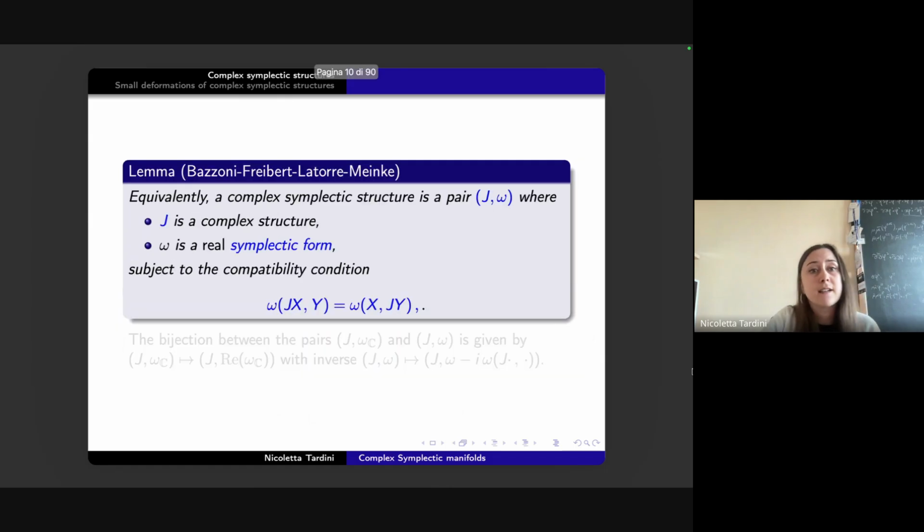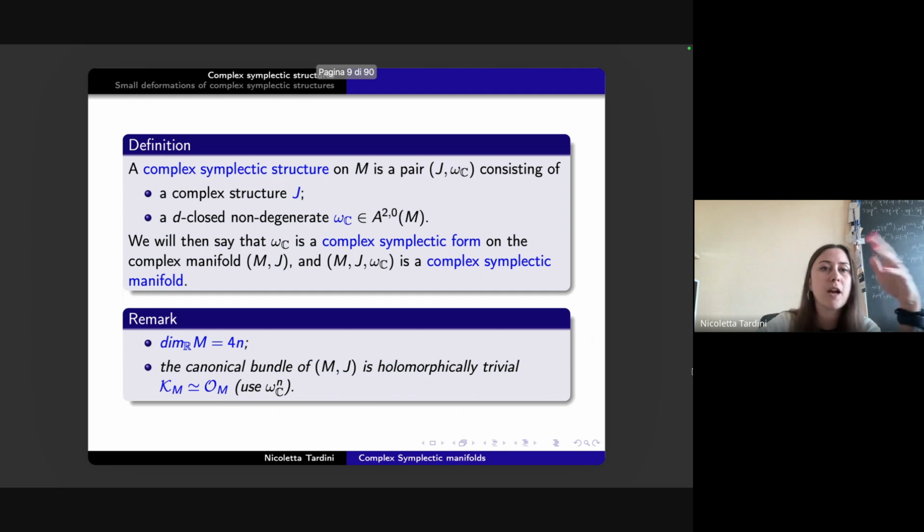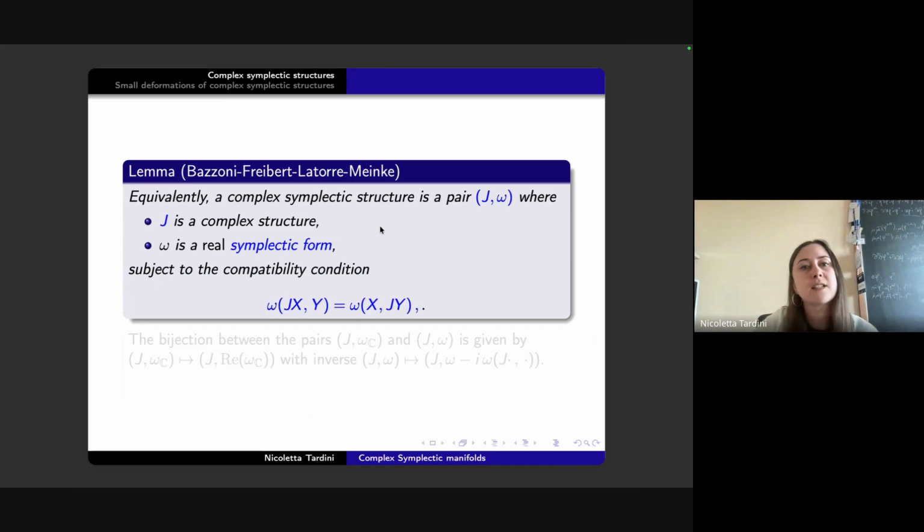And in fact, the previous definition was a sort of, let's say, what you have here is not really a real symplectic structure, right? This is complex symplectic because it's a (2,0)-form, right? But in fact, you can define complex symplectic structures in an equivalent way where real symplectic structures appear. This result was proven by Bazzoni, Freibert, Latorre, and Menke.